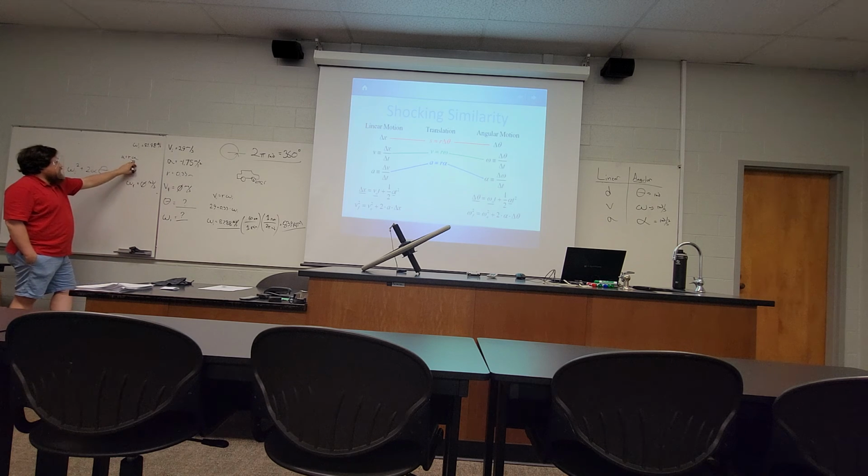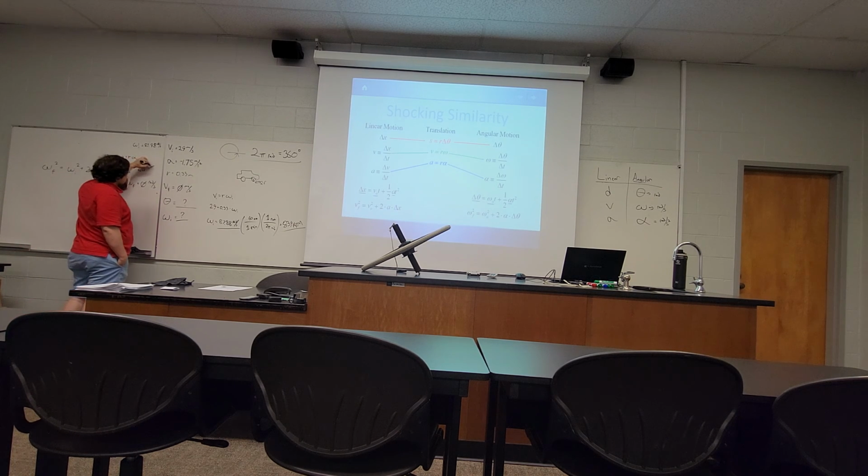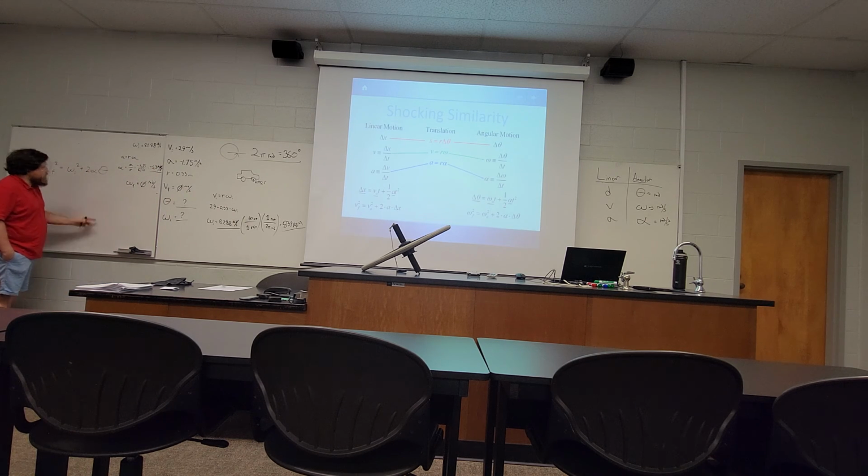Linear equals radius times angular. Therefore, angular acceleration would be a over r, negative 1.75 over 0.33, and that's negative 5.3 rad per second squared. So that would be what goes in for alpha.